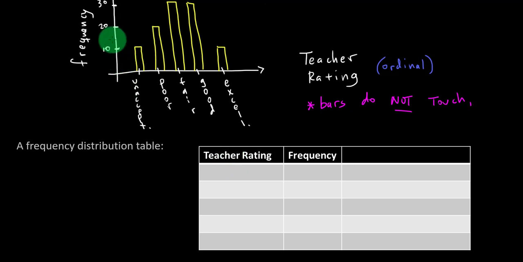And I'm going to need the frequencies, how often each of those categories was observed. I'm going to go ahead and transcribe all these categories, and also the frequencies.